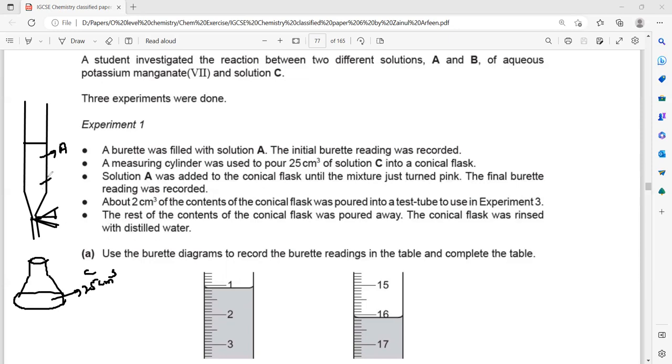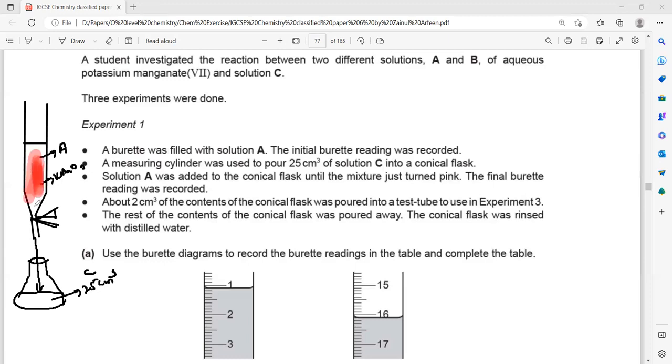When potassium manganate, KMnO4, is there, it is purple or pink in color. When it was reacting, the color started to disappear. The moment all of the C is used up, the extra potassium manganate which is added will make the solution colored. So the idea here is that KMnO4, or potassium manganate, is pink in color.